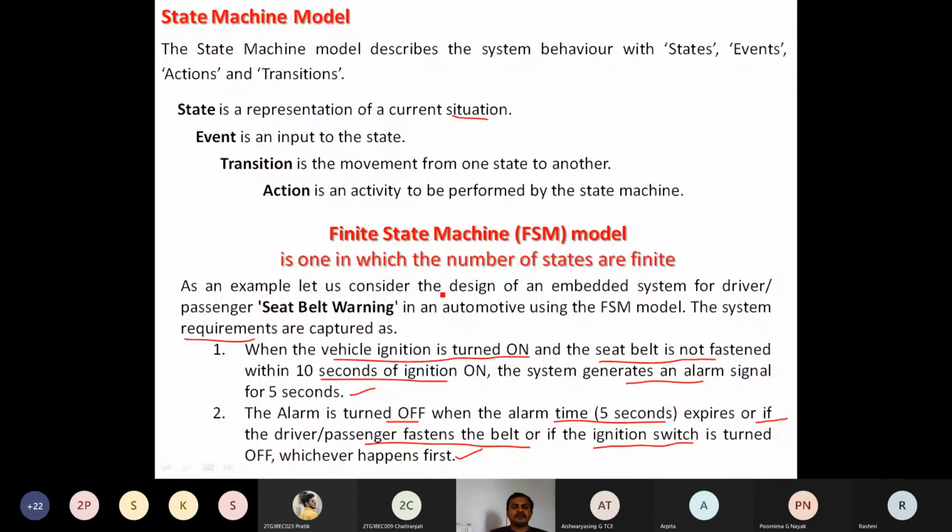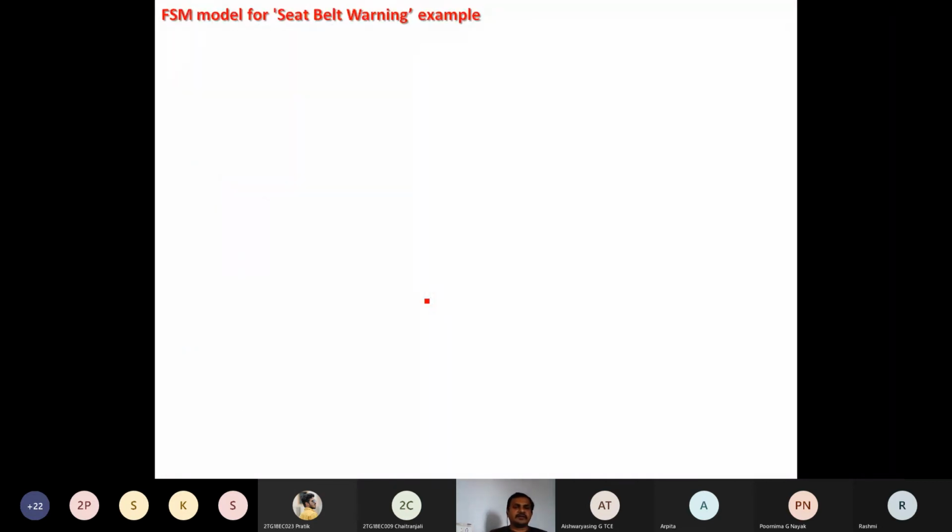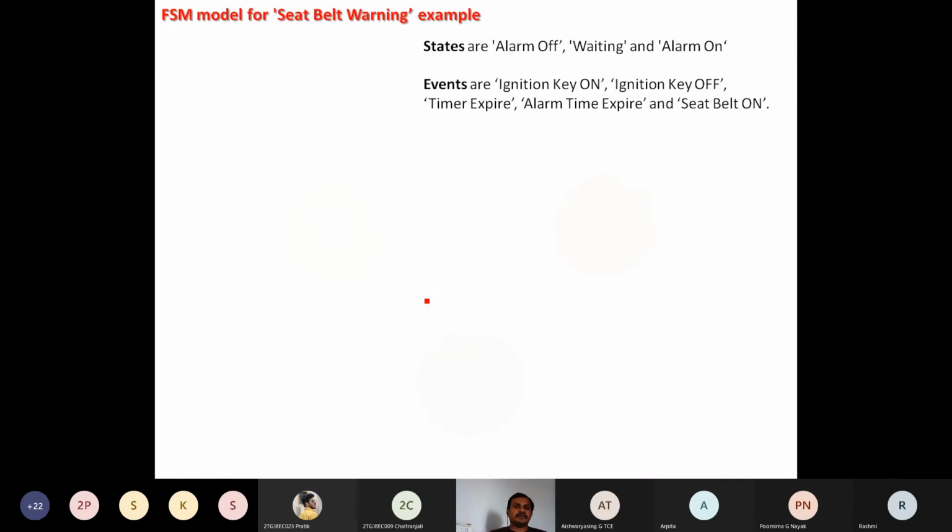Then the alarm is turned off if any one event occurs first: the alarm time expires, or the driver or a passenger fastens the belt, or the ignition of the car is off. Whichever comes first, the alarm goes off.